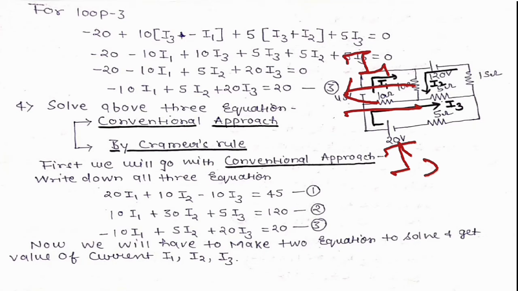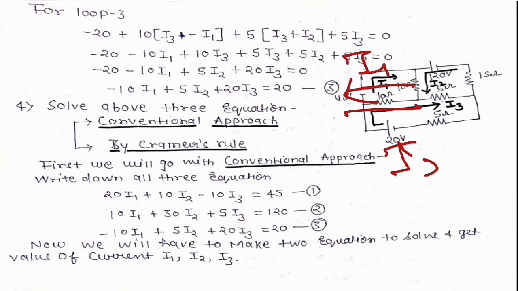But as we already discussed in loop number 1, whatever loop we want to write KVL for, in that loop we always make the current of that particular loop greater than the other current being subtracted. So here the current is I3.